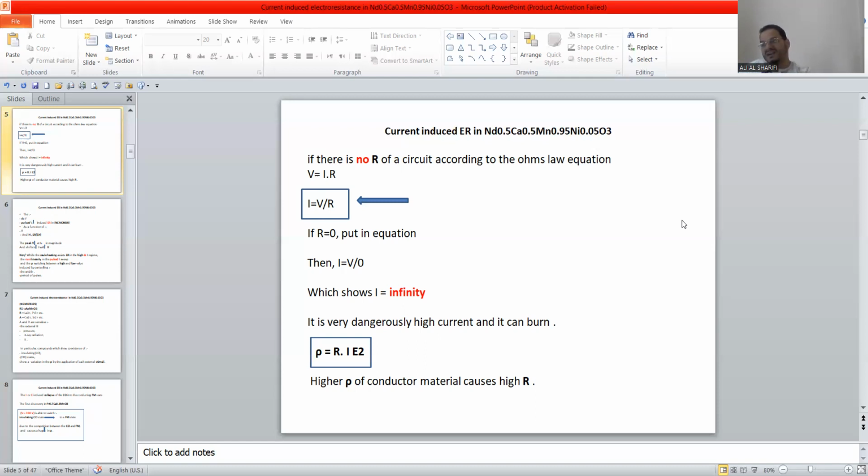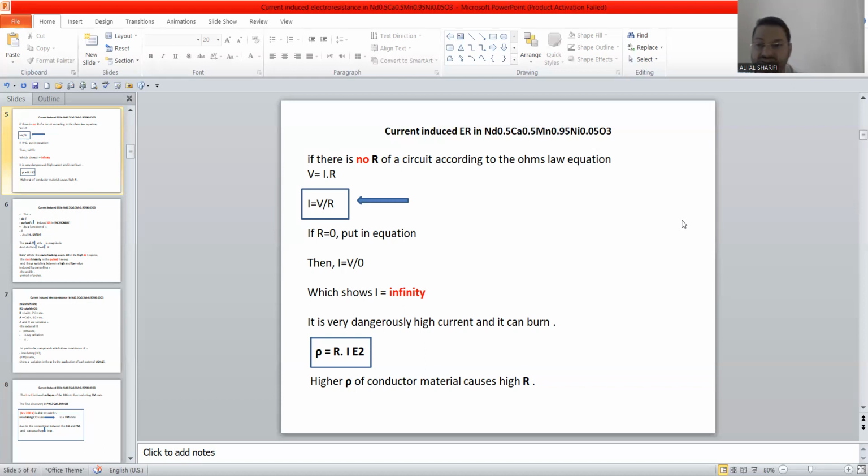It's a threat to our electric circuit, because the current will flow suddenly, and at the same time the electric power will start to heat, and maybe explosion, maybe we will face some damage in our circuit. It is very dangerous, like I said before, high current, and it can burn.